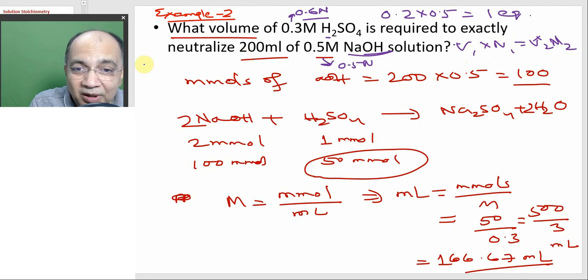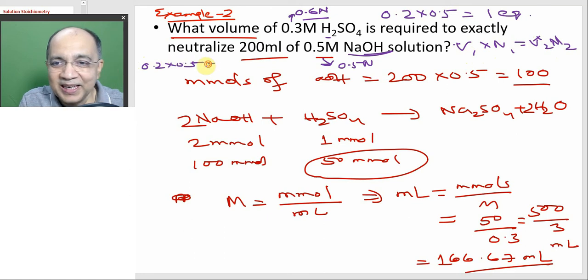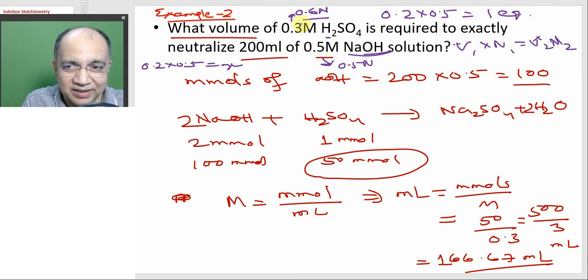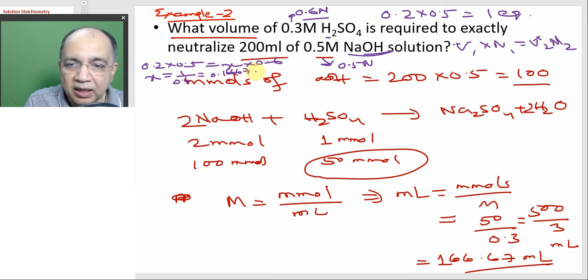You will write it in one line: 0.2 into 0.5 is equal to x into 0.6, where x is the volume of the acid. So x is equal to 0.1 by 0.6, that is 0.16667 liters, which is equal to 166.67 milliliters.